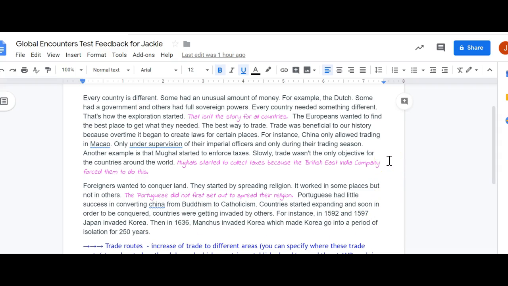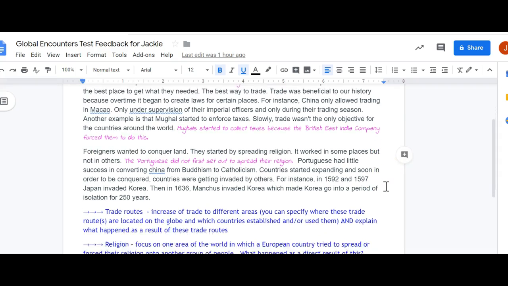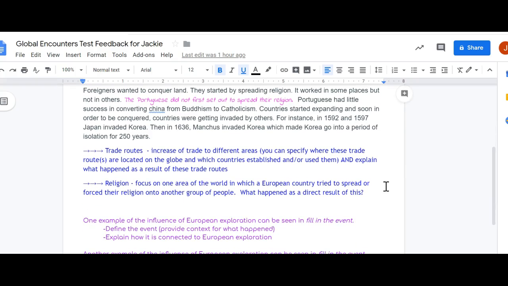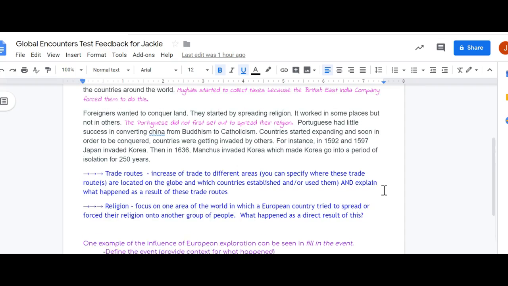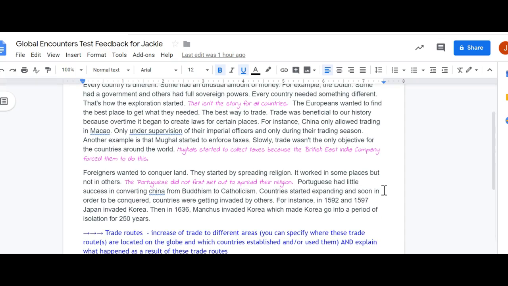The pink font is me talking and providing information. The blue font are guiding questions to direct your writing. And the purple font is a template to follow when you do your rewrite. So that's kind of an overview of what you are looking at there.